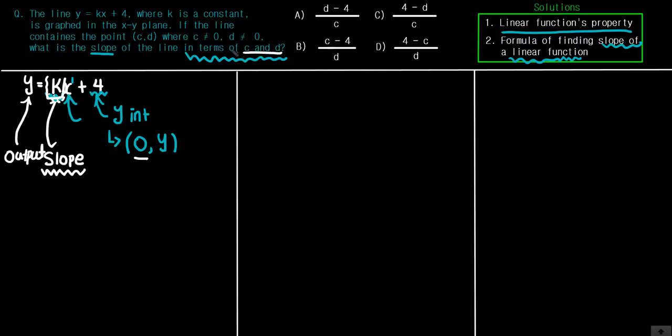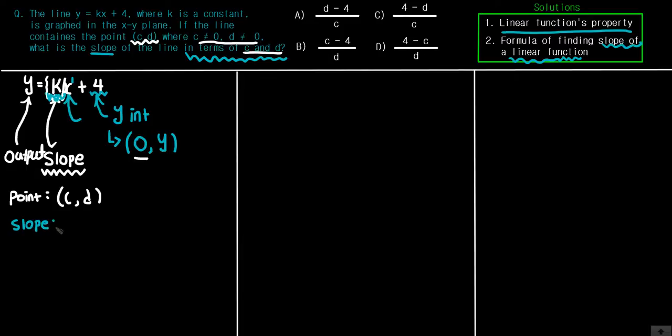And they mention the point (c, d), and we know that these values are not equal to 0. So using this property, what we want to find is the slope of the function.